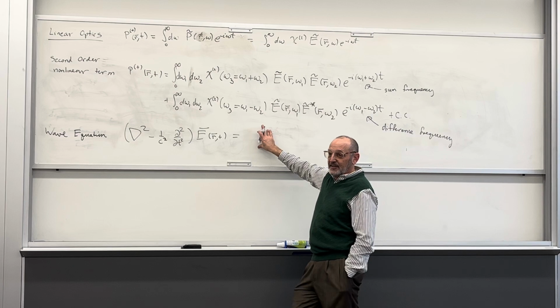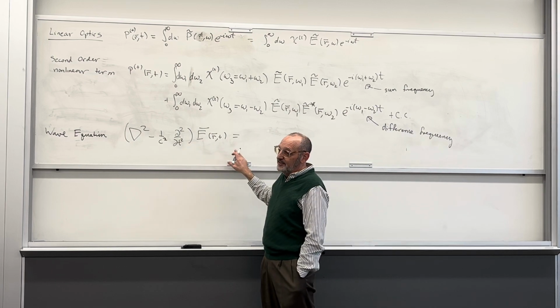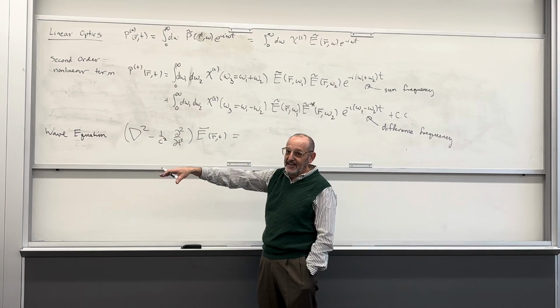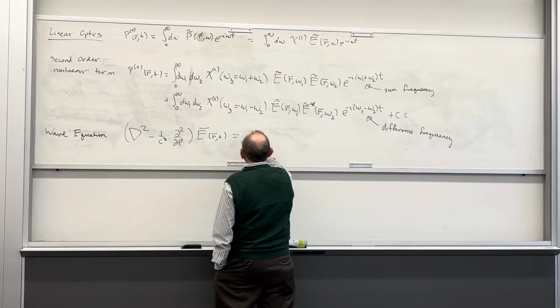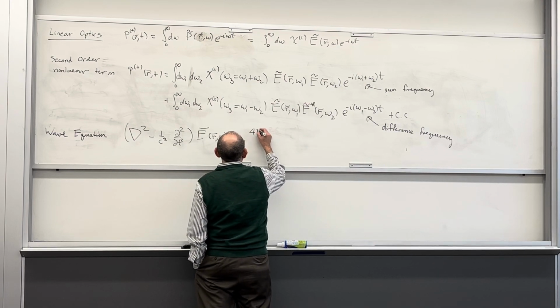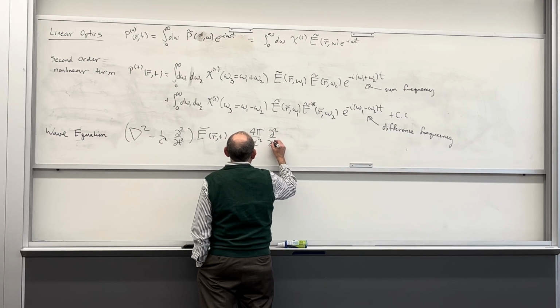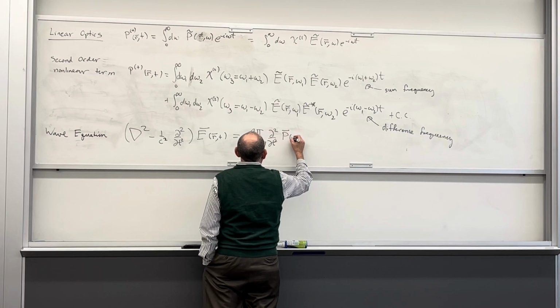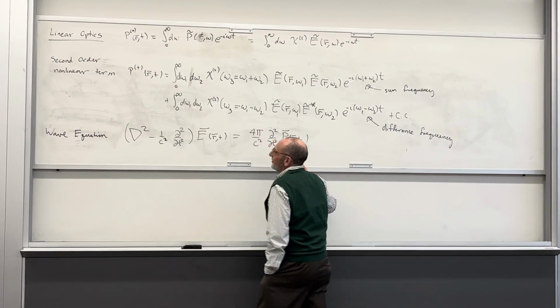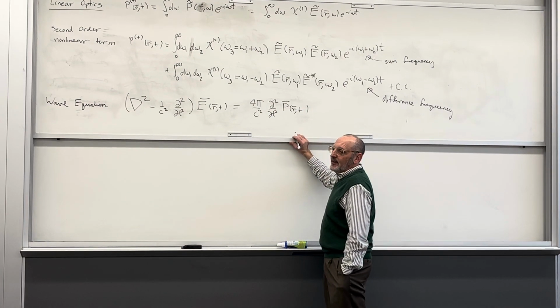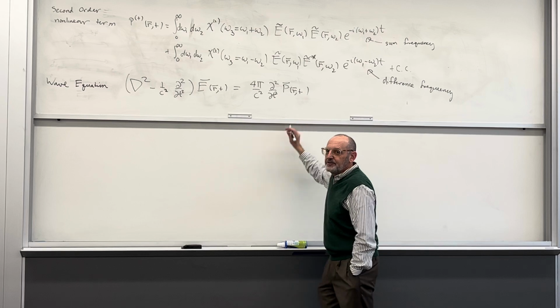The source of the field is the current, and the current is the oscillating polarization density, and that gives me 4 pi over c squared, d squared by dt squared of the polarization density. That's the wave equation in my favorite units, which should be yours. Okay?